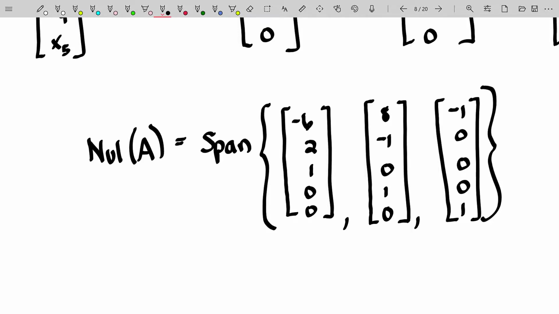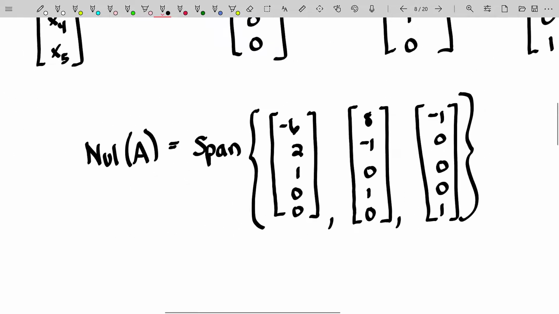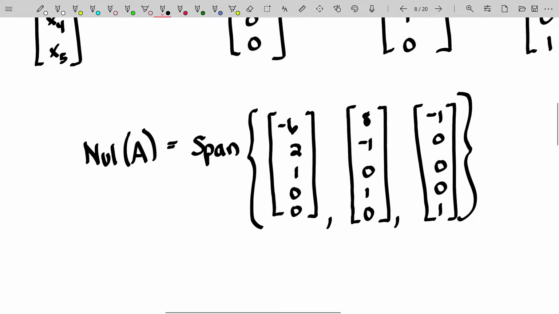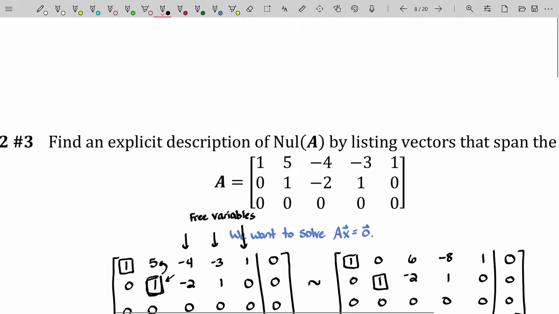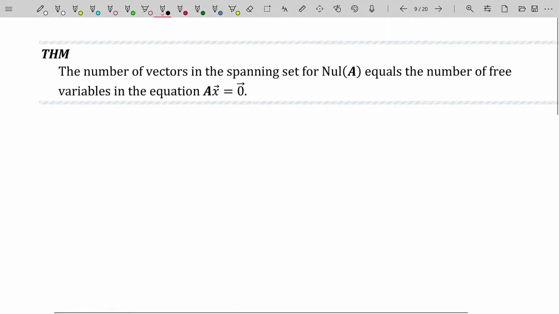Notice that the number of vectors in this set that spans the null space of A is 3. And notice we had 3 free variables. And that's what this formalized theorem is telling us. The number of vectors in the spanning set that builds the null space of A equals the number of free variables in the equation AX equals 0.